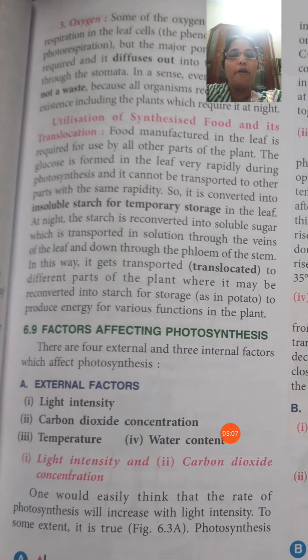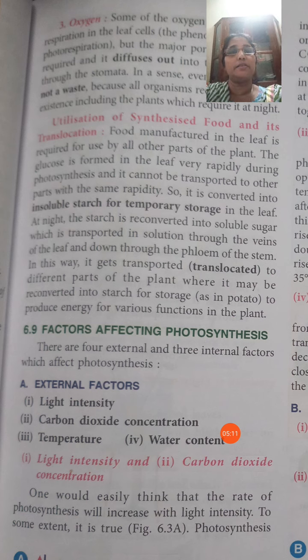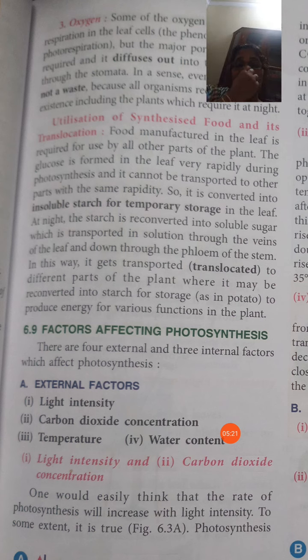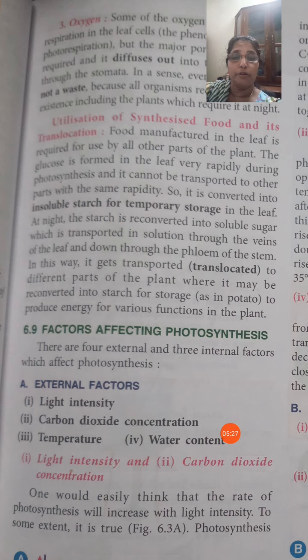Then again, factors affecting photosynthesis. There are certain external factors: light intensity, carbon dioxide concentration, temperature, and water content. Those are the external factors that affect photosynthesis.